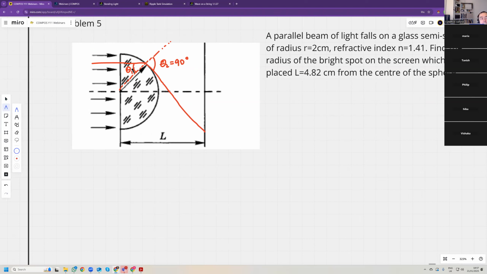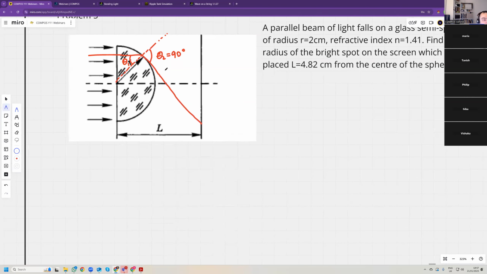So that's the furthest away from the center that you can still be refracted. This is the point where refraction stops. And this is the radius, R, and this is, well, let's call it H.